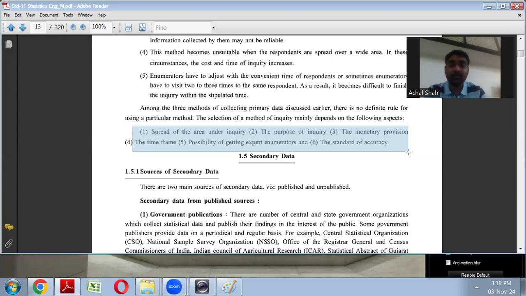Like what is the area under inquiry, what is the purpose of the inquiry, what is the monetary budget, right, of your inquiry, the time frame, as we discussed, time भी ज़्यादा लेता है, then expert enumerators availability के वो मिल जाएंगे कि नहीं मिलेंगे, right, and the standard of accuracy, आपको कितना accurate information चाहिए, बहुत ज़्यादा accurate चाहिए नहीं चाहिए, अगर आपको इतना accuracy की ज़रूरत नहीं है तो आप पोस्ट के वाला मेथड भी यूज कर सकते हो, right?